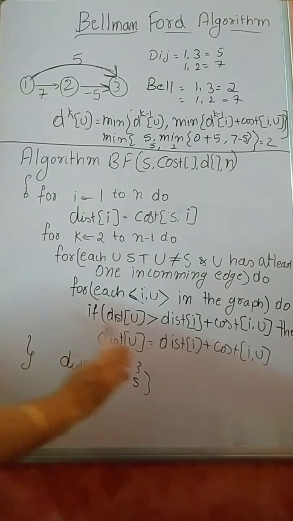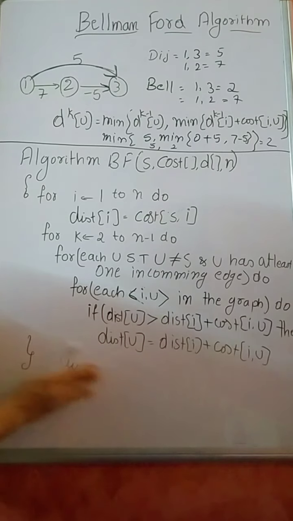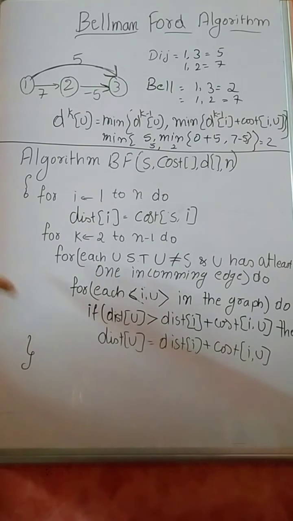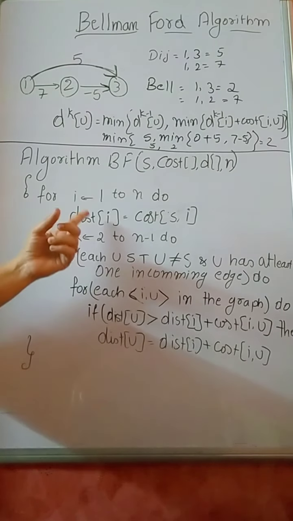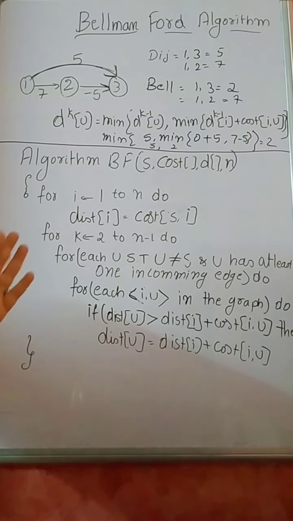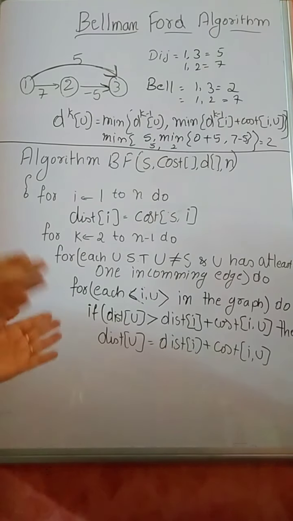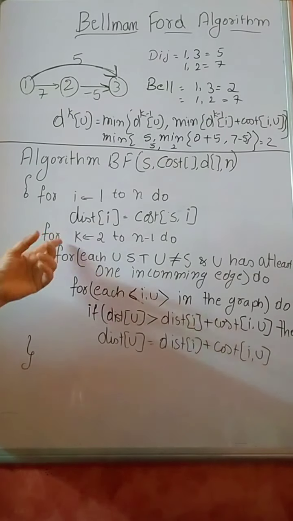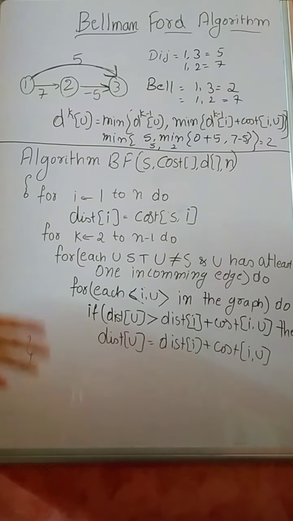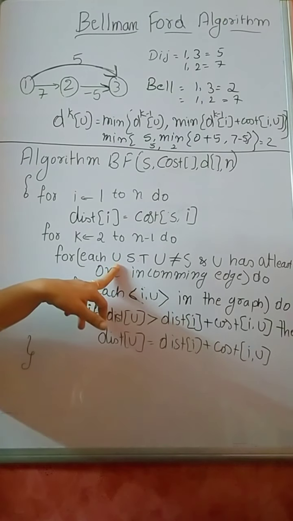Okay. So that is your algorithm for Bellman-Ford. It's a very simple algorithm. What we are doing here is, initially we consider the distance vector as whatever the direct distance is from the source vertex to all other vertices. In the next iteration, I am checking every vertex u which is not a source vertex.